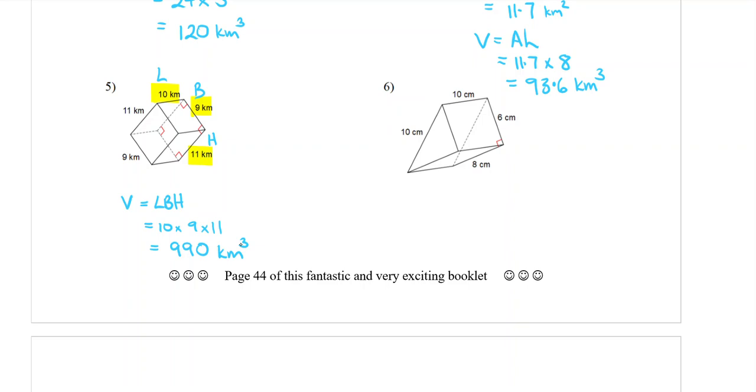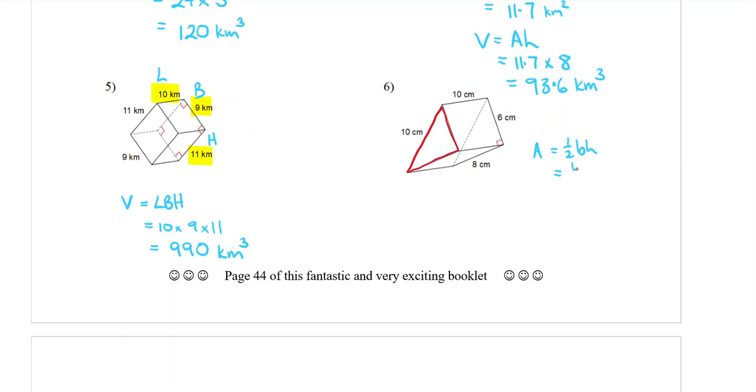It's any of the other ones where you have to find the area first and then the volume. So this is another one of the V equals AH ones. What am I going to have to find the area of first? The triangle. Okay, so here is a triangle. The formula for the triangle is A equals half BH. What is the base and the height of my triangle? Find the right angle. Yes, and?